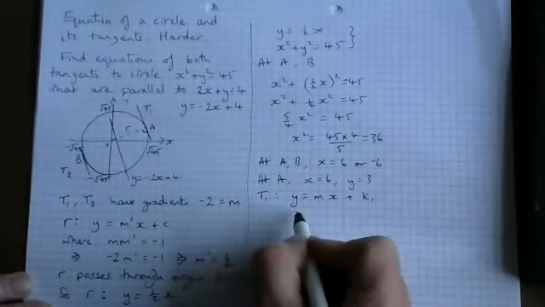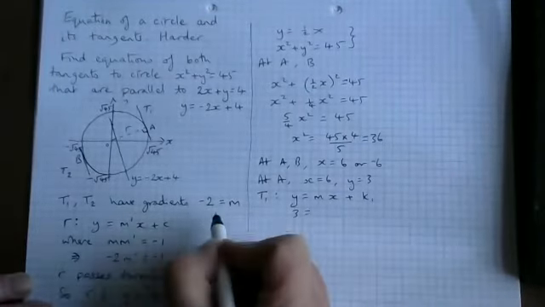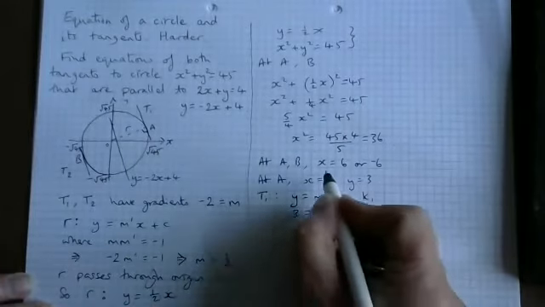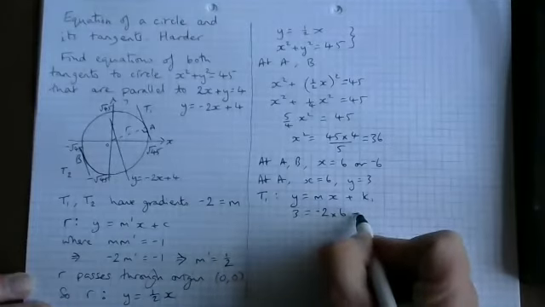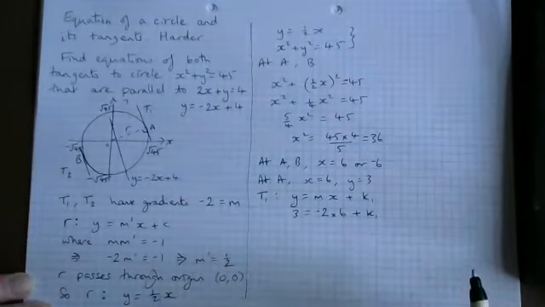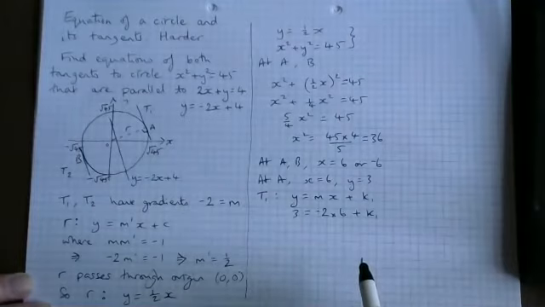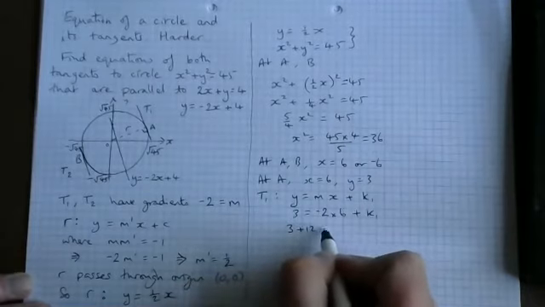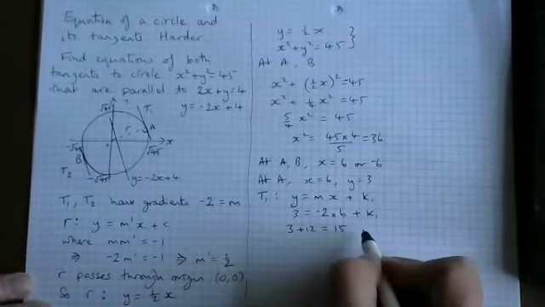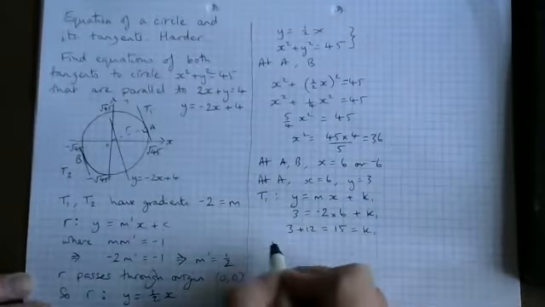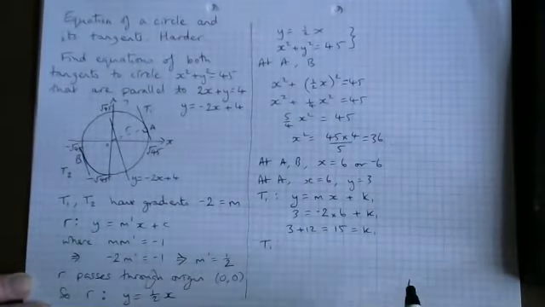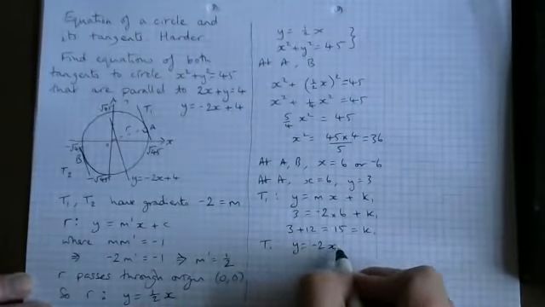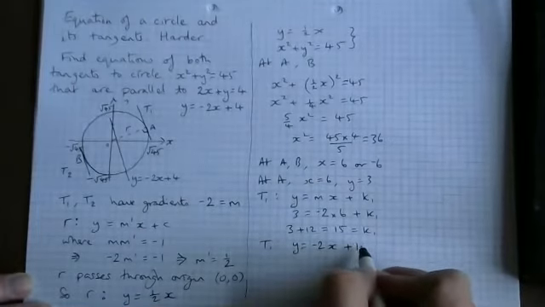We know y is 3 equals, we know m is minus 2, times x, which we know is 6, plus K1. Minus 2 times 6, minus 12. So 3 plus 12 equals 15 equals K1. That is, T1 is such that y equals minus 2x plus 15.